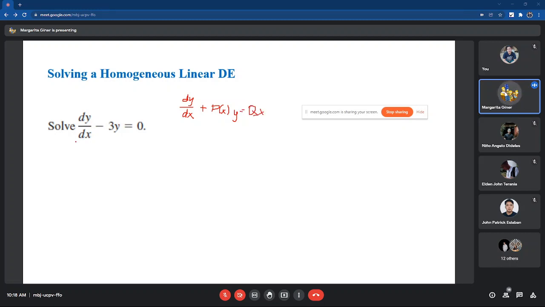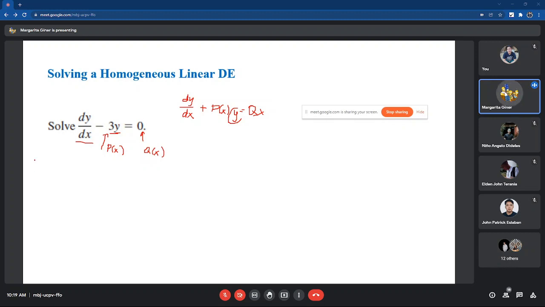So, as you can see, may dy dx ka na di, okay? And then, considering pag dy over dx ka na da, this will be your px. Okay? Tandaan nyo, may y ka di, ari siya may y na na. So, considering ang px mo is aring negative 3. This is your px. And the 0 is your qx.